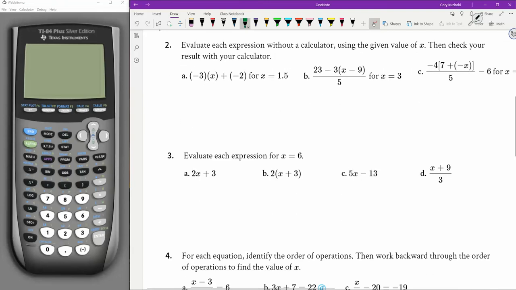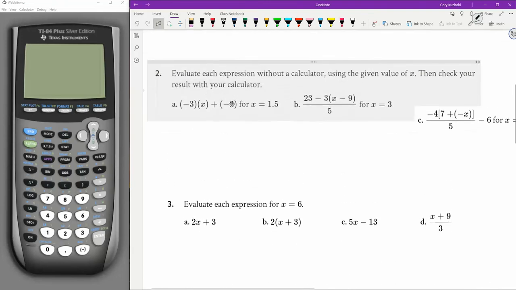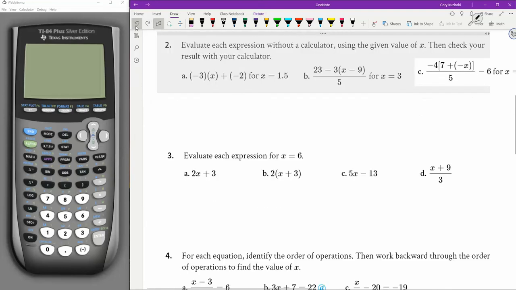Okay. Evaluate each expression without a calculator using the given value of x. Then check your result with a calculator.